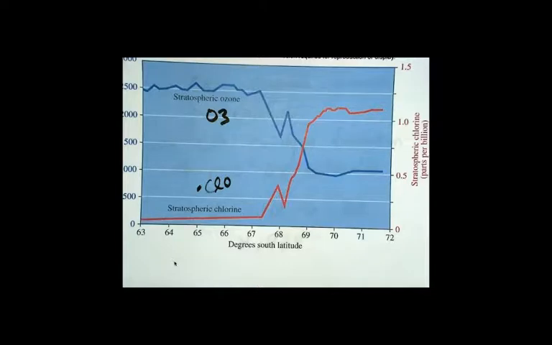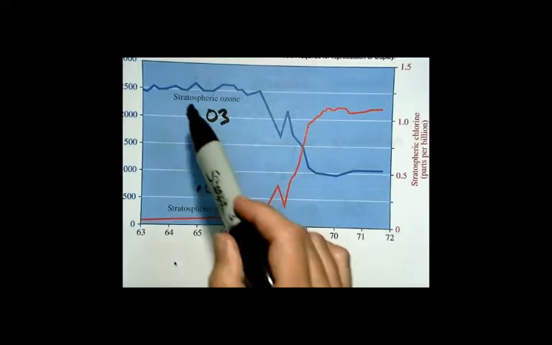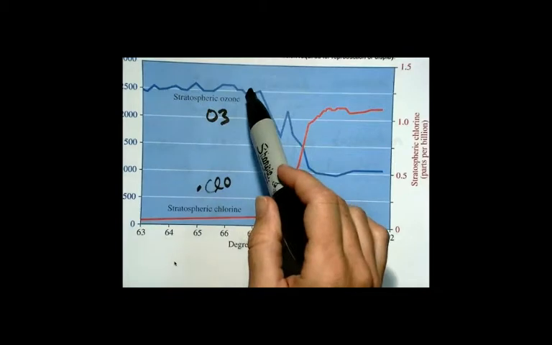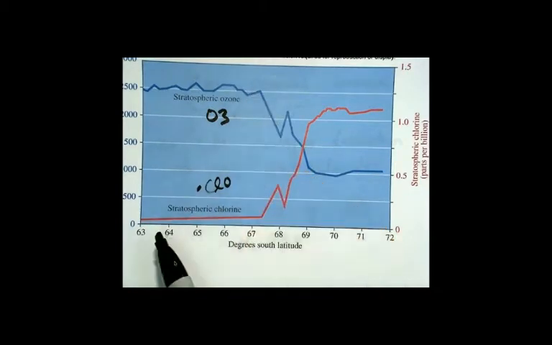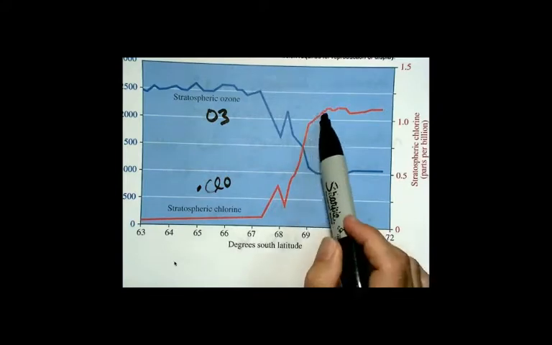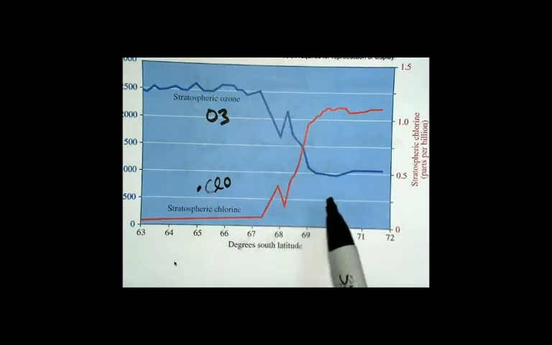And what they showed was, based on the latitude, degrees south latitude, that if the stratospheric ozone concentration was relatively high, the stratospheric chlorine concentration was relatively low, and as the stratospheric chlorine concentration increased, the stratospheric ozone concentration decreased.